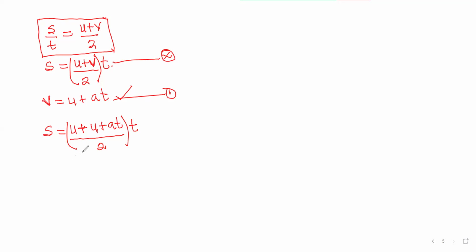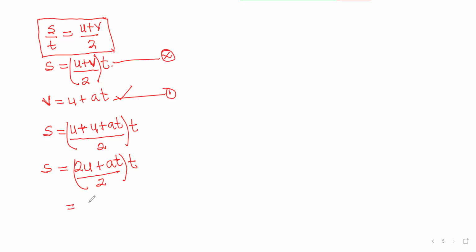Yes, sir. Good. Then simplify it. If you simplify, U plus U is 2U plus AT, all divided by 2. Don't forget to put this in brackets and multiply it by the T outside.